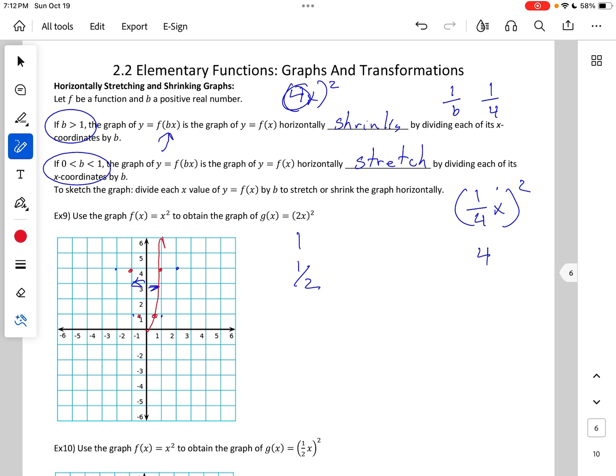It makes it shoot almost straight up there. Okay, that's bad. Drop it. So in other words, it's shrinking by a factor of 1/2 going away from the y-axis.